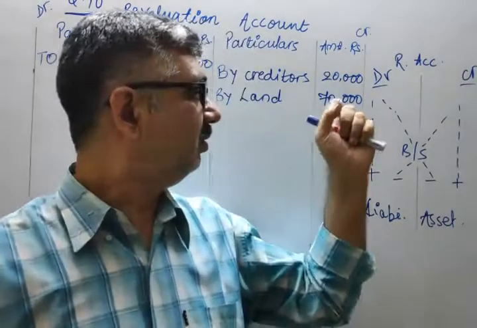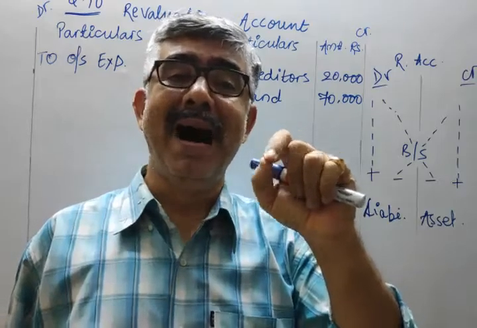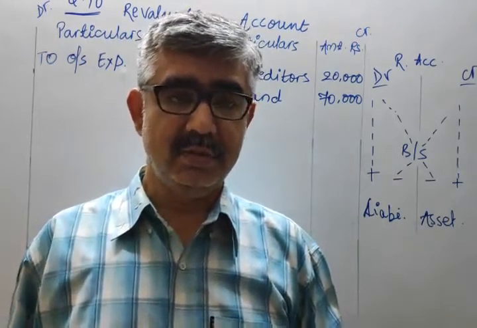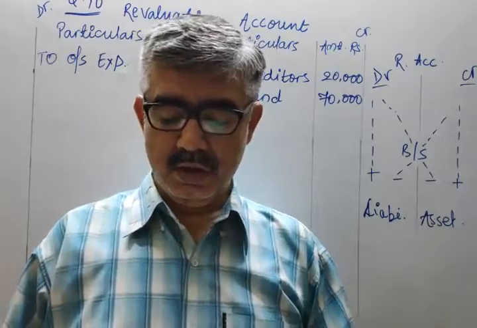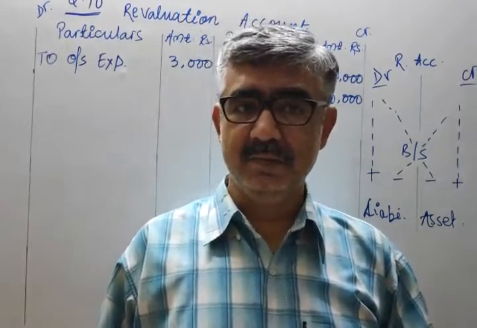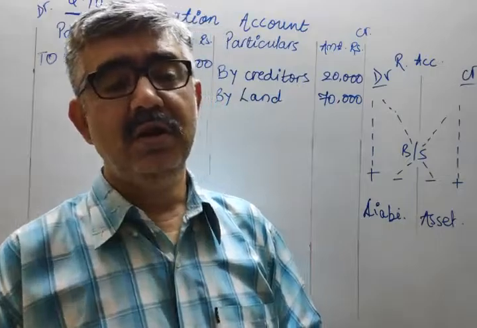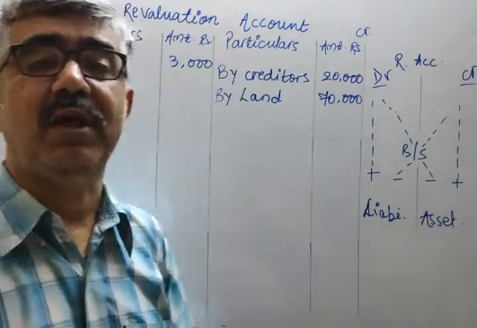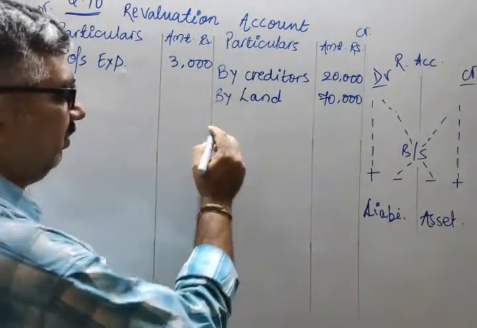So the difference is 70,000. And when the word "by" is given, do write the same figure. Means if building is 3 lakh and they give you that increased by 50,000, you are supposed to write 50,000, because the new value will be 3,50,000.